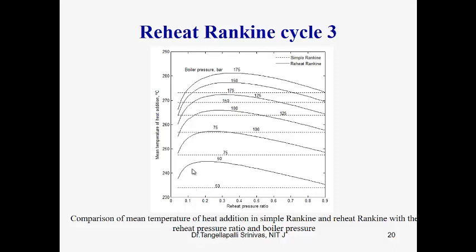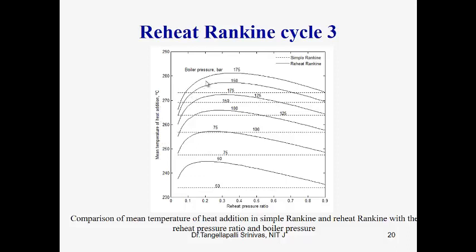The reheat pressure ratio is shown here on the x-axis, and the y-axis is the mean temperature of heat addition. The dotted line shows the basic Rankine cycle. With respect to the Rankine cycle, the efficiency is increased here. Whether efficiency increases or not, we can say by whether the mean temperature of heat addition is increased or not.